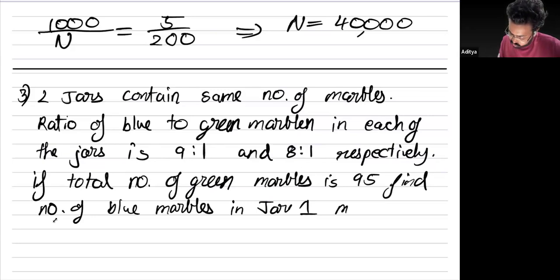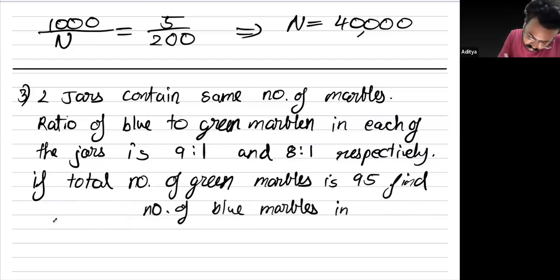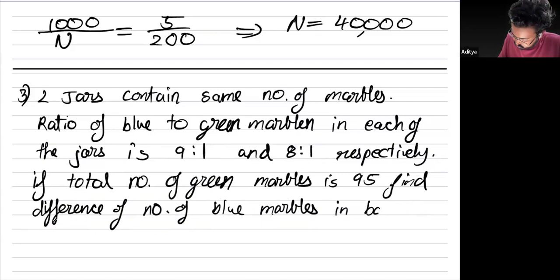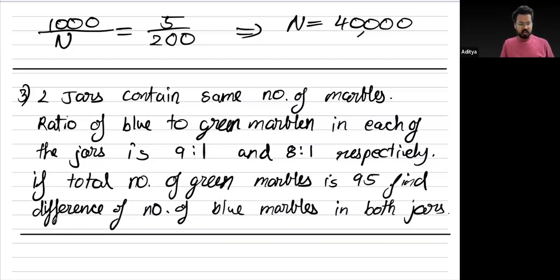Find the difference of the number of blue marbles in both jars. One sec. Okay. So you can come up with variables for each quantity. Try to reduce the number of variables and find the difference.